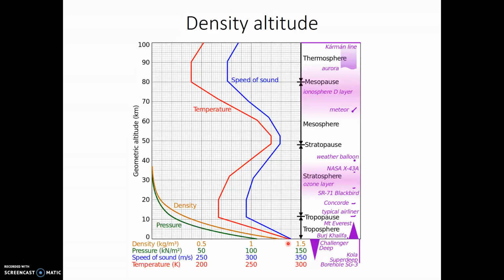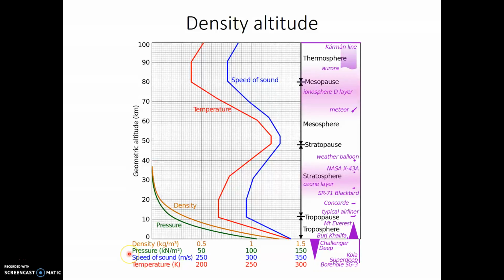There's no single certain equation, although you can use the ideal gas assumption to calculate density from pressure, but we are interested in the trend. As the altitude increases, your density actually drops, similar to pressure. Now, the reason why I said temperature is very important is because temperature is directly related to the speed of sound.